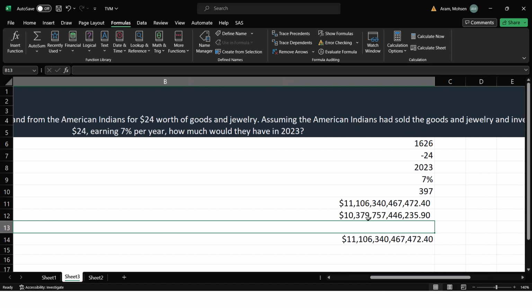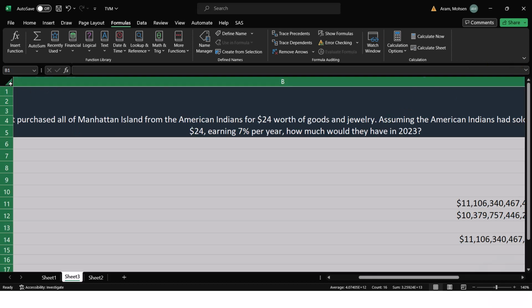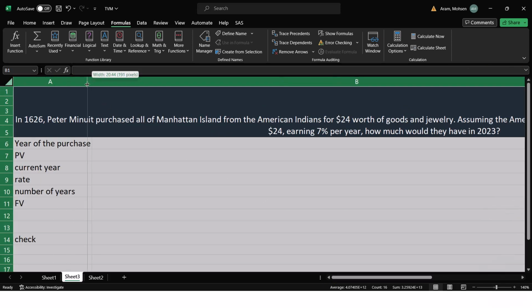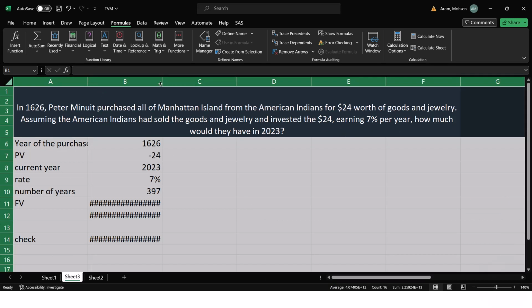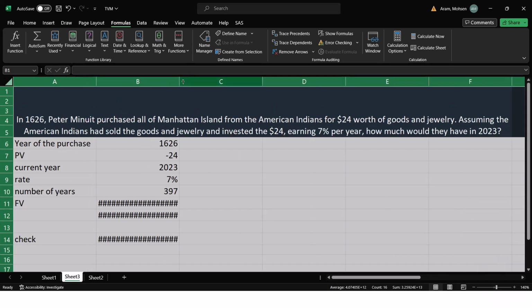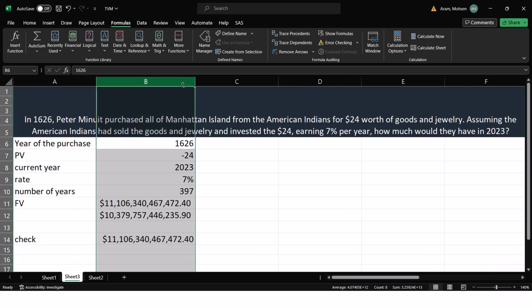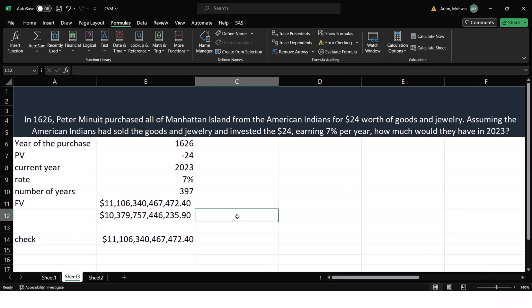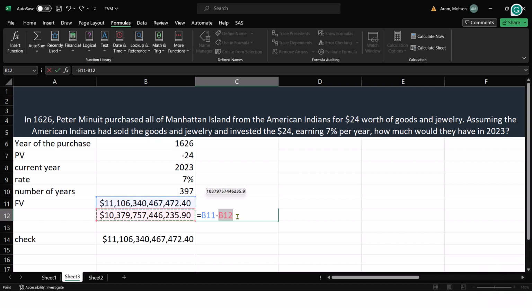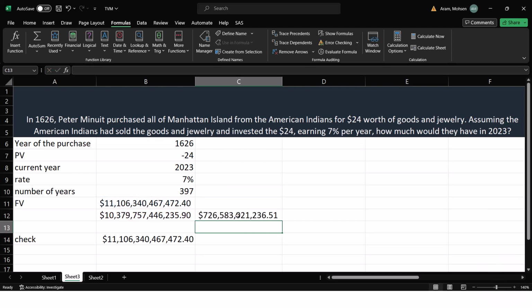So let me just pull it back a little bit. Simply from last year to this year, the difference is $726 billion.